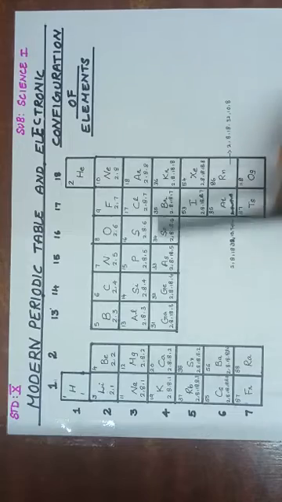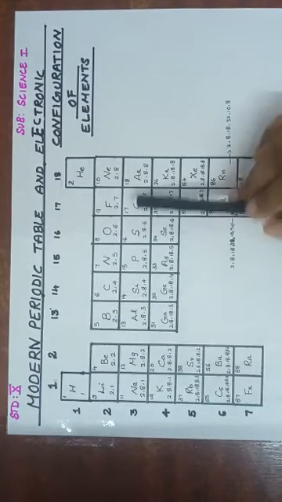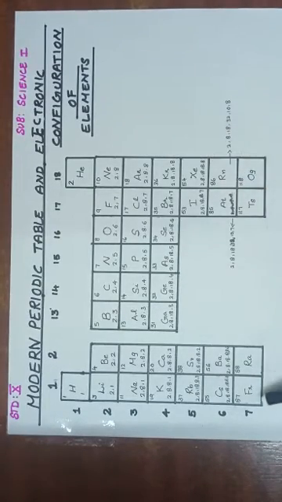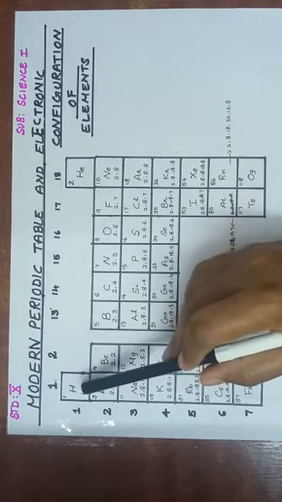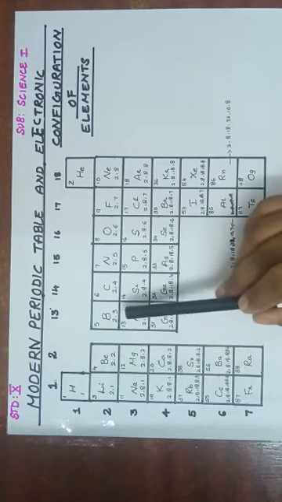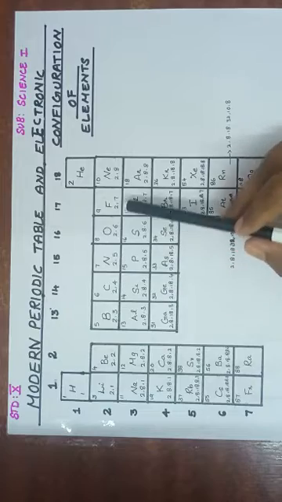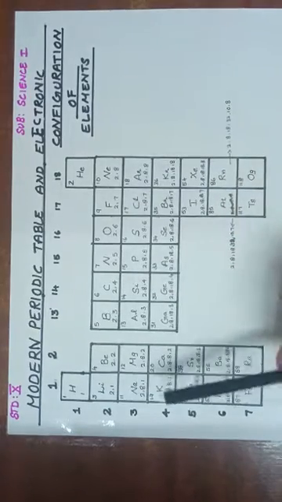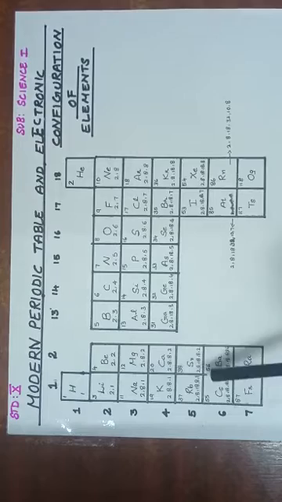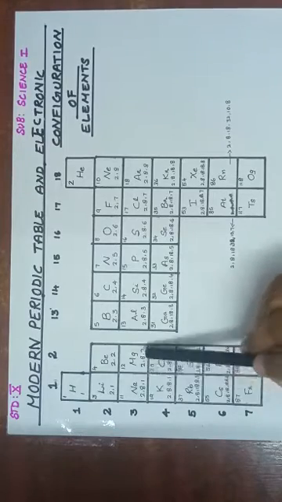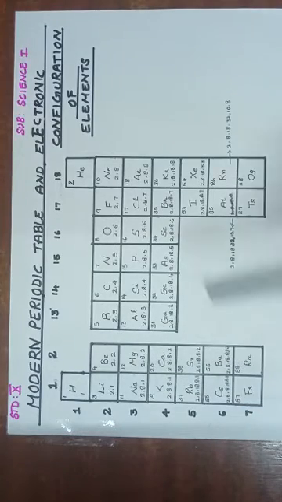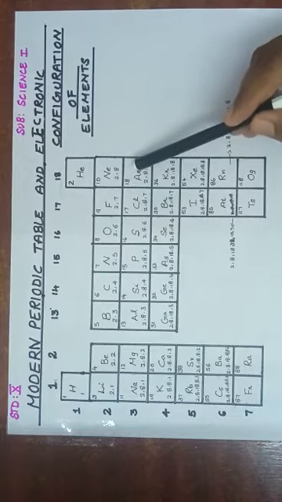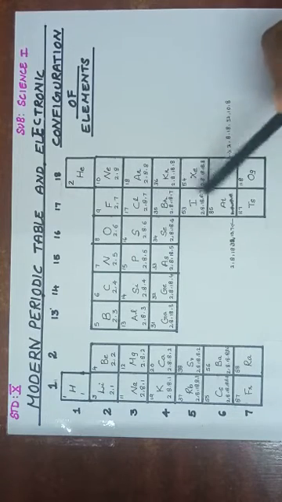For your understanding, I have taken a small part of the modern periodic table. Here I have taken the elements in groups 1, 2, then 13, 14, 15, 16, 17, 18. In groups 1 and 2, all the elements are taken, and in groups 17 and 18, all the elements are taken.